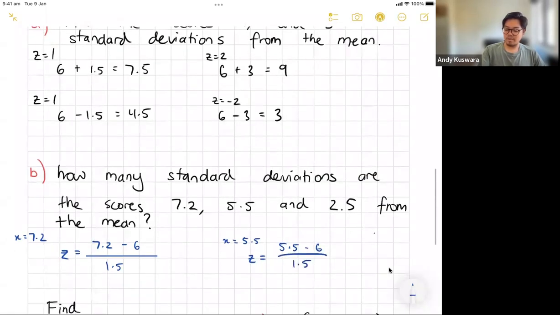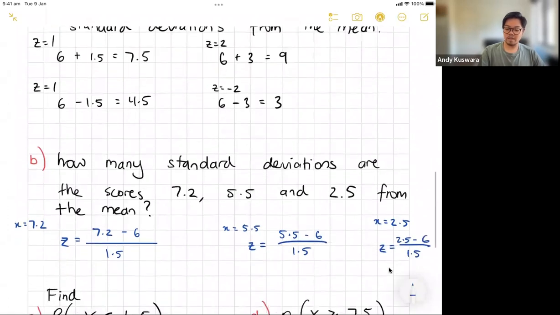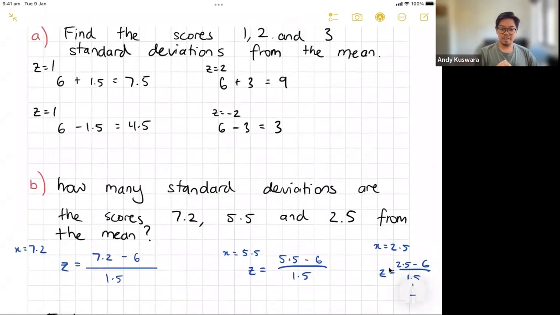Same thing if x equals 2.5: your z-score is 2.5 take away 6, all over 1.5. You can put these in your calculator, but I think you can do that on your own. Remember, if your z-scores are positive, that means you're above average.